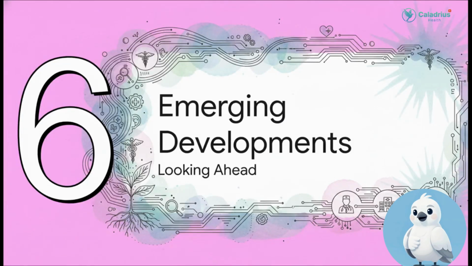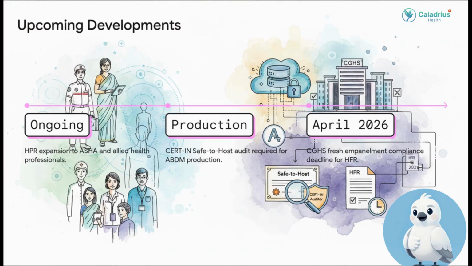Finally, let's look at Section 6, Emerging Ecosystem Developments. We're going to look ahead at 3 upcoming developments that demonstrate exactly why robust registry onboarding is increasingly vital across the entire healthcare landscape. First, the NHA is expanding the HPR to include paramedics, ABHA workers, and allied health professionals. Structuring a scalable onboarding process right now makes adapting to this expanded scope much easier down the line.